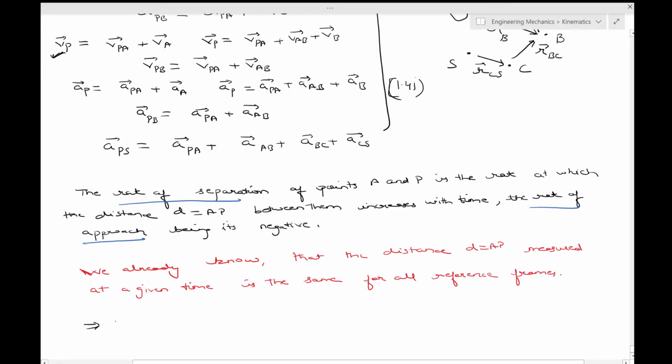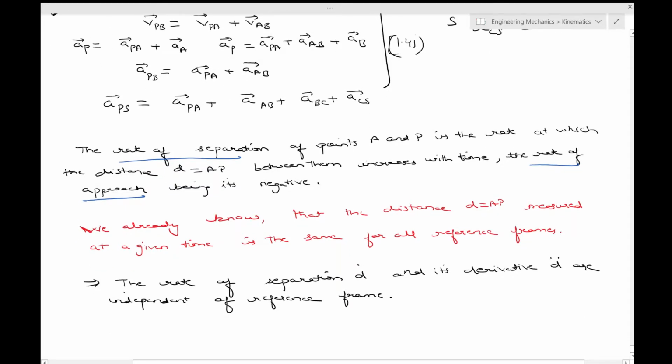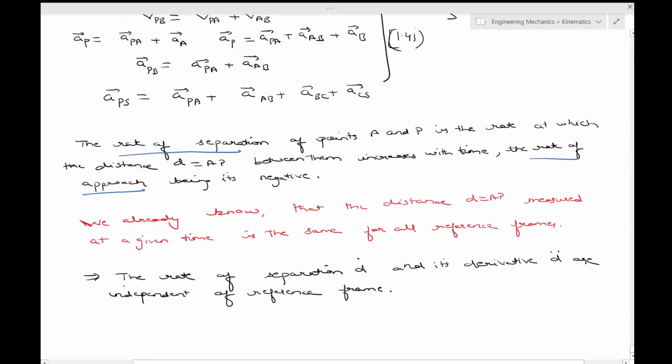This implies that the rate of separation d dot, the time derivative, and its derivative d double dot are independent of reference frames. So how do we find d dot?